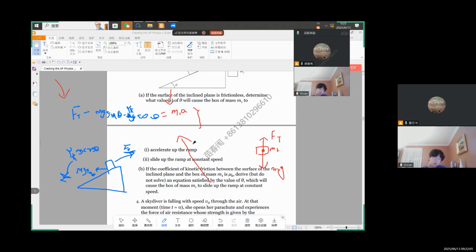What's the F net now for m2, not for the system? It equals mass times acceleration.